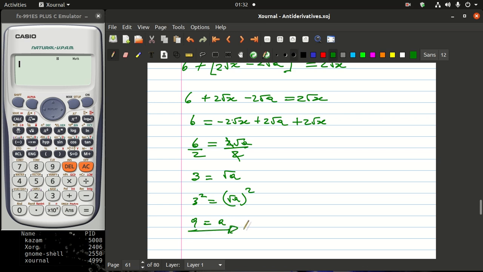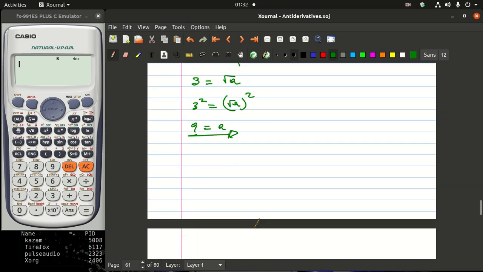So that is the value of a. And because I'm having that, I can guarantee you that I am going to end here when it comes to the fundamental theorem of calculus.